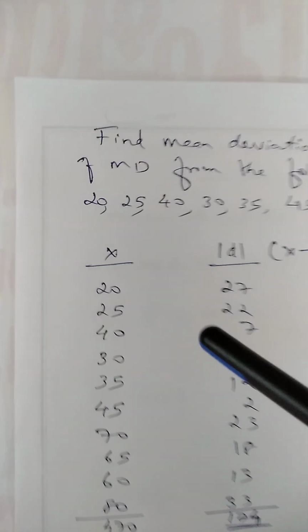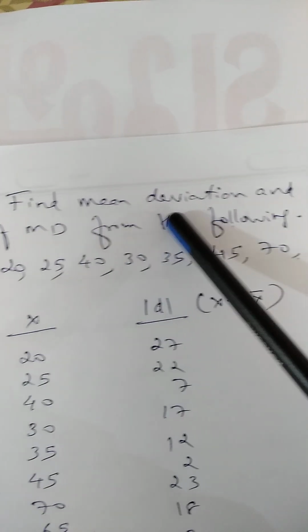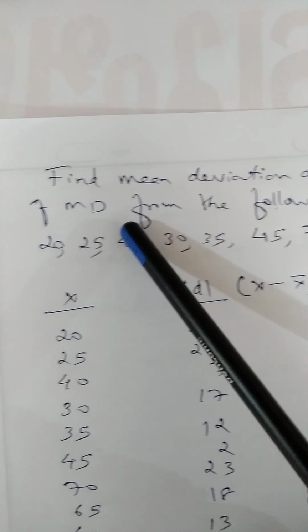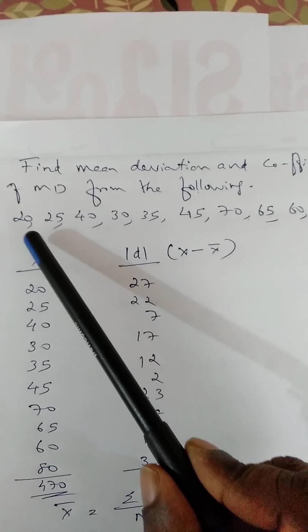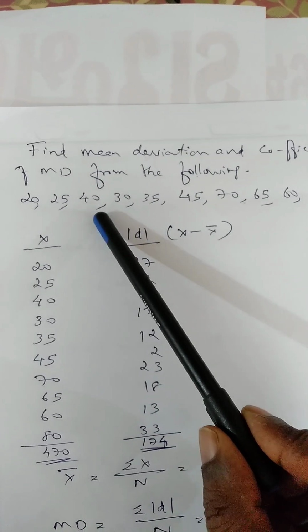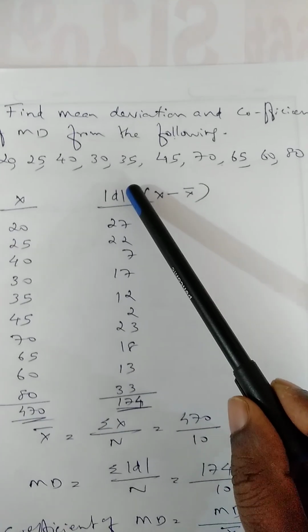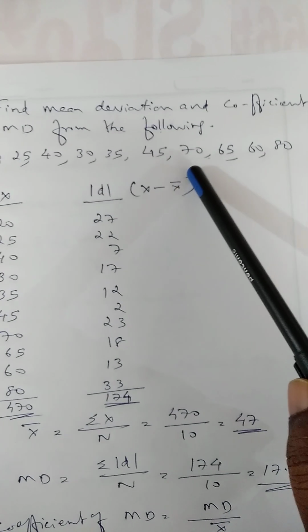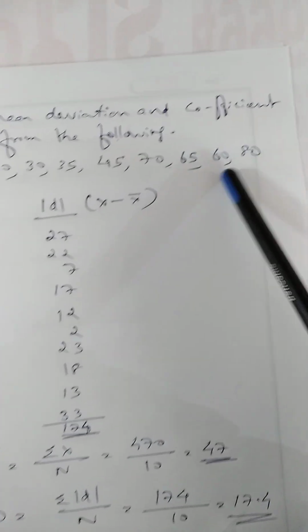Here's the question. Find a mean deviation and a coefficient of mean deviation from the following: 20, 25, 40, 30, 35, 45, 70, 65, 60 and 80.